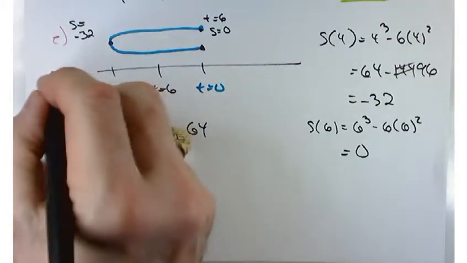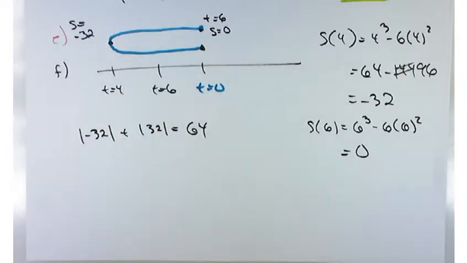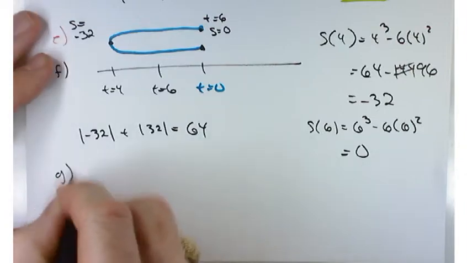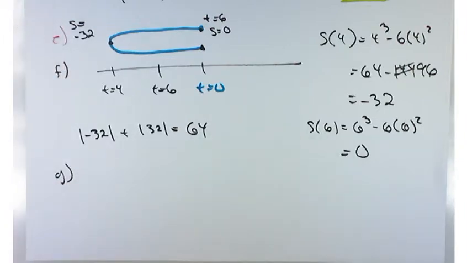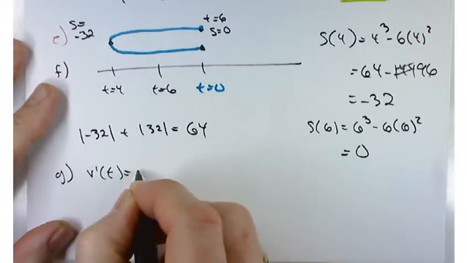Part F is just to draw the diagram that I drew here. Part G asks us to find the acceleration at time t and after 1 second. So how am I going to find the acceleration of this? Good. The second derivative. So v prime of t is going to be a of t.